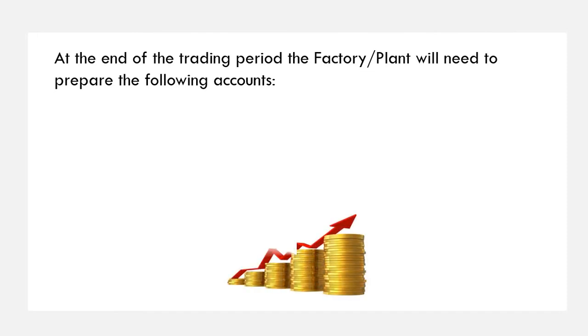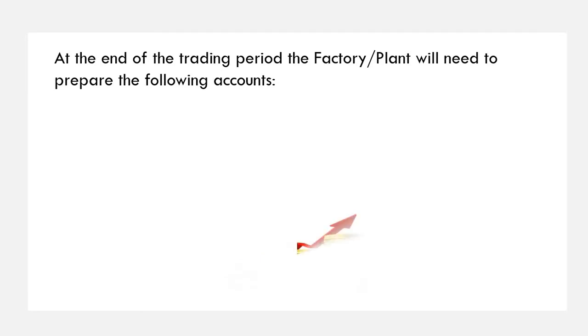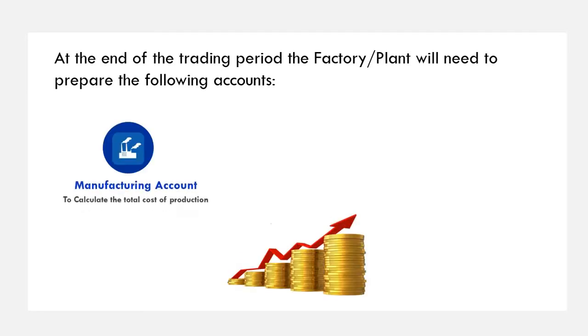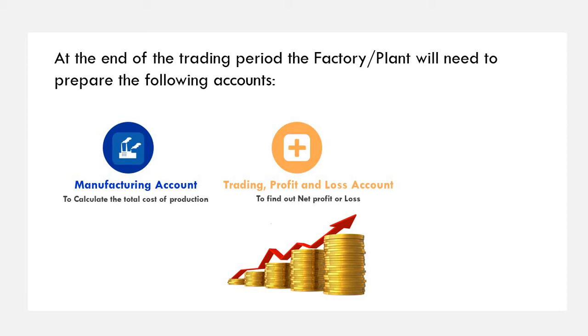At the end of the trading period, the factory will need to prepare the following accounts. Number one, manufacturing account. Number two, trading, profit and loss account. And lastly, the balance sheet.